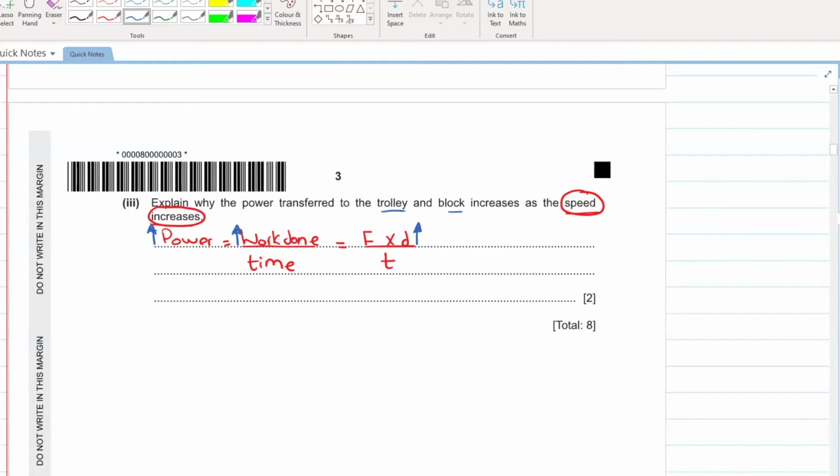So you can write it in a neat and good format here. You can say as speed increases, what happens? Distance traveled per unit time. This is how you answer right in the examination.